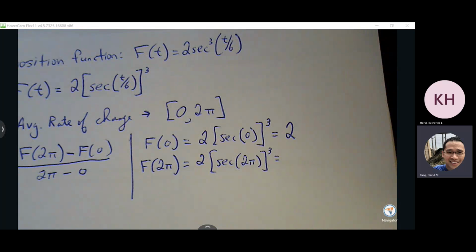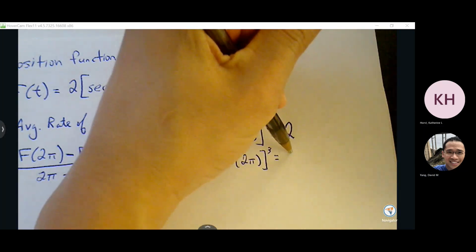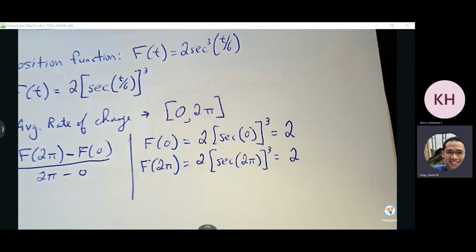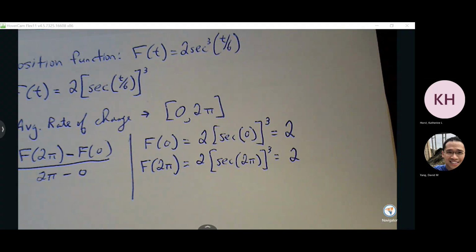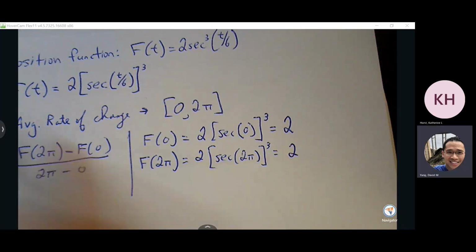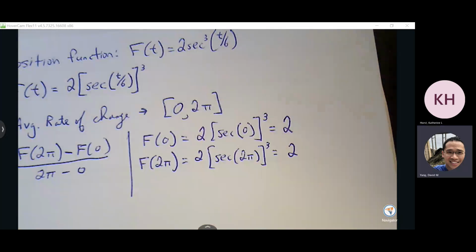Okay, f of 2 pi. Secant of 2 pi is the same thing as secant of 0, so we should get the same result. Well, it's asking, you're right, my bad, 2 pi over 6.